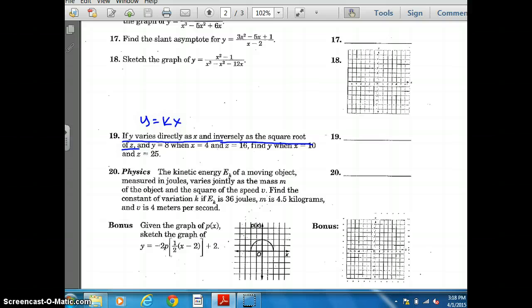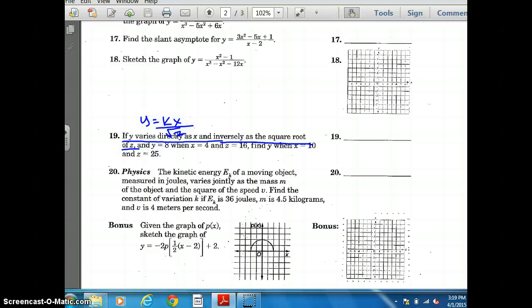If I forget about the x for a minute, when I do inverse variation, it's k over whatever's coming. So I'm going to put k over the square root of z. That's going to be my basic equation. Y equals kx over the square root of z. And then you'll substitute and find k, and then solve for y in the last section.